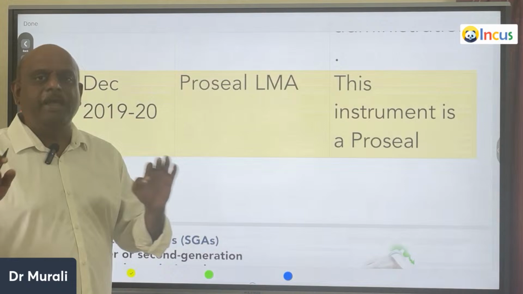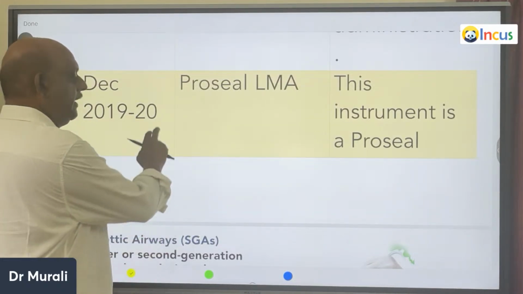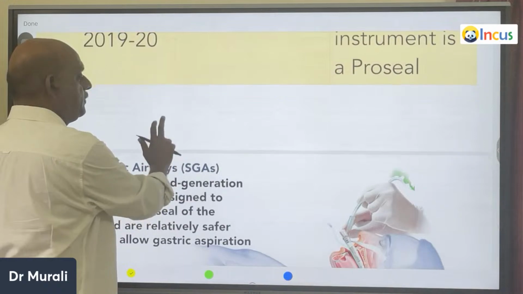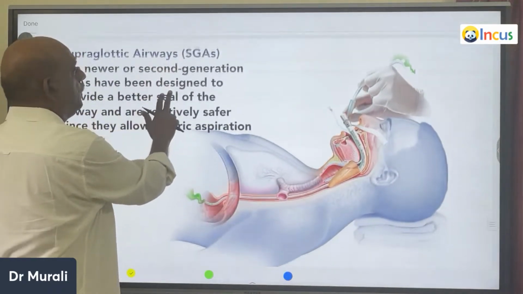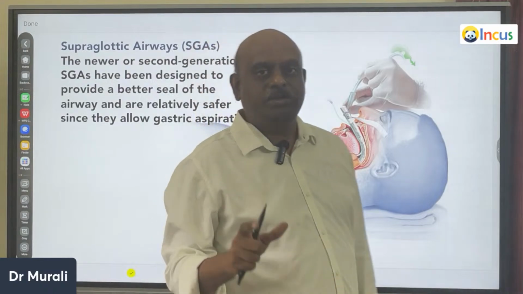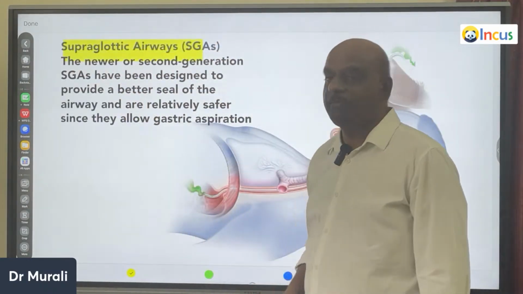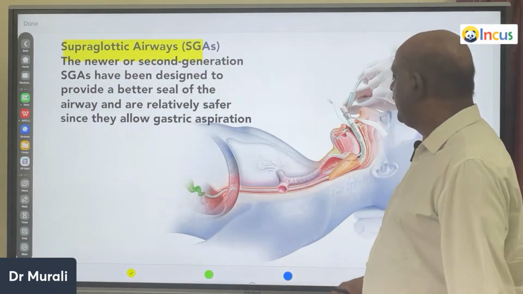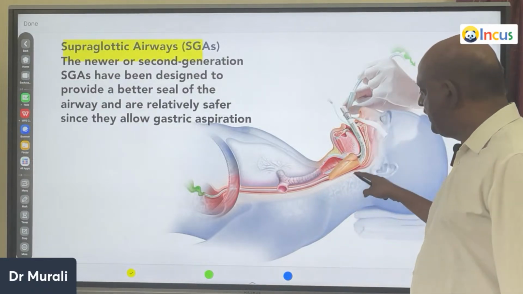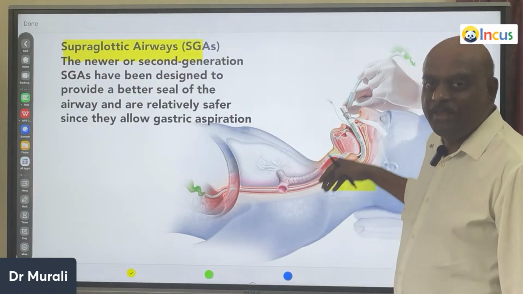Pro-seal LMA. So it is being given as an image-based question. You should know there are certain airways which are called the supraglottic airways. That means you are passing it and it is staying above the level of the vocal cords.